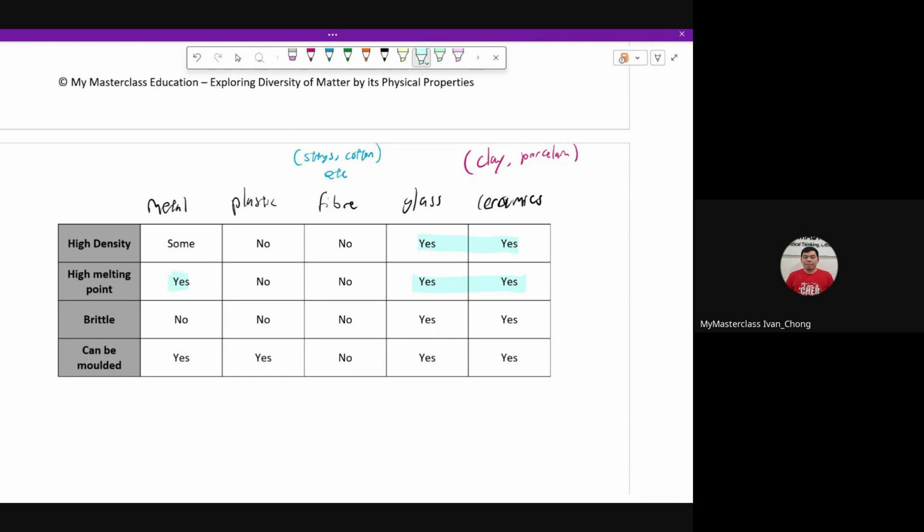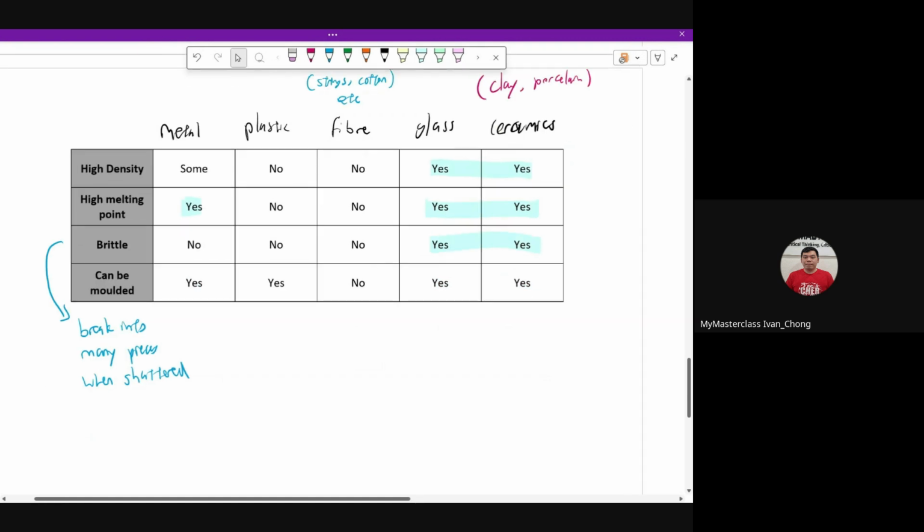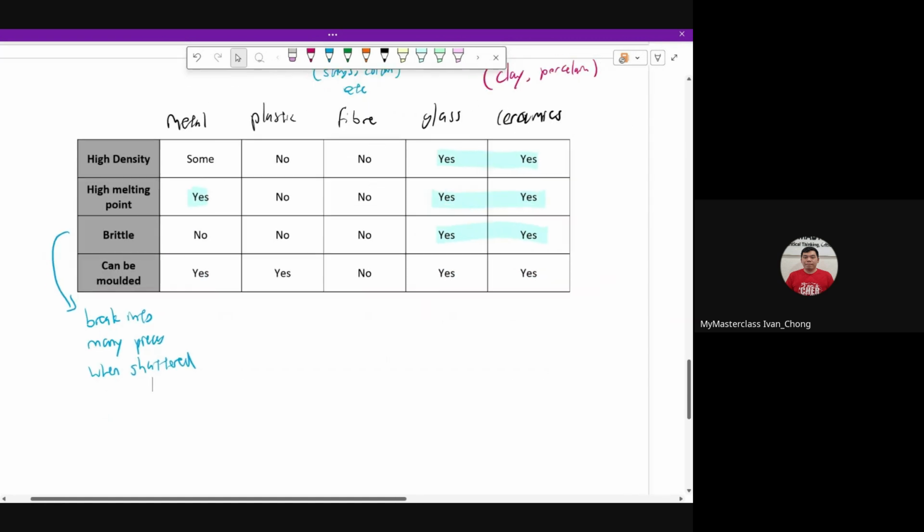So just be careful. And they are very brittle, which means that they will break into many pieces easily and shatter. Okay, and can be molded. When you say can be molded itself, you can change the shape easily.